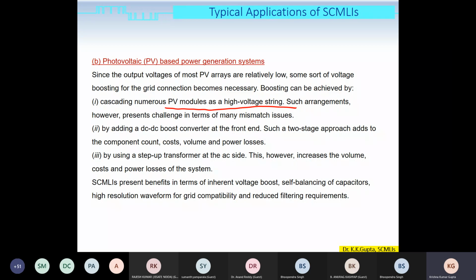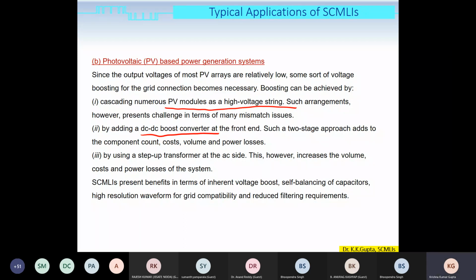But we know that this kind of connection gives rise to mismatch issues. Other ways to achieve boosting are either on the DC to DC side or on the AC side. So you can add a DC to DC boost converter at the front end.